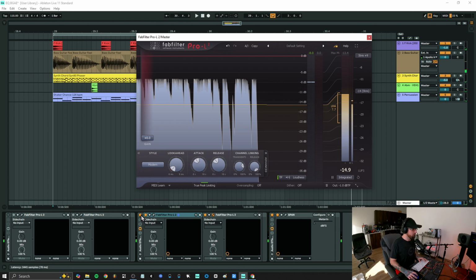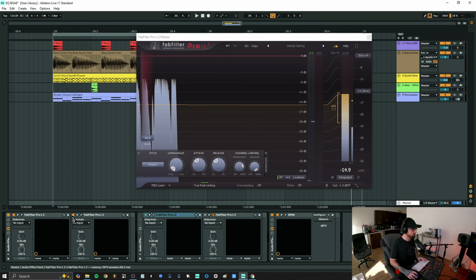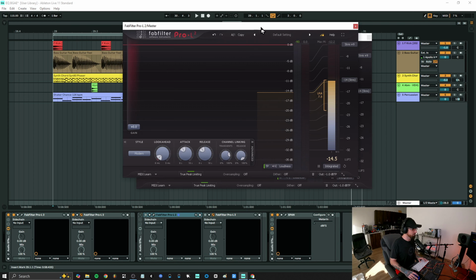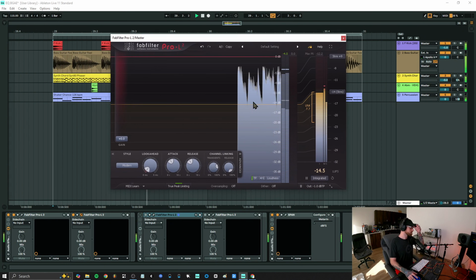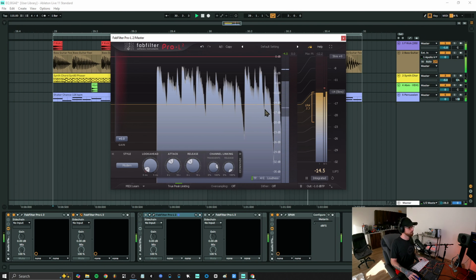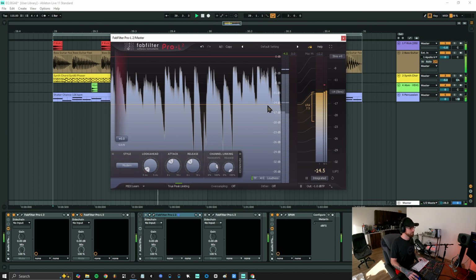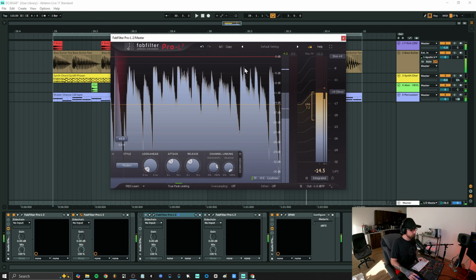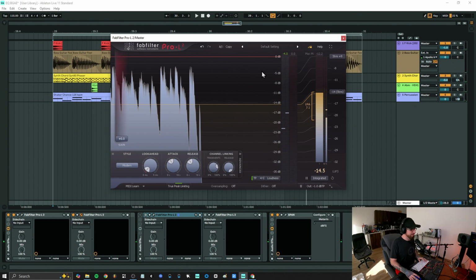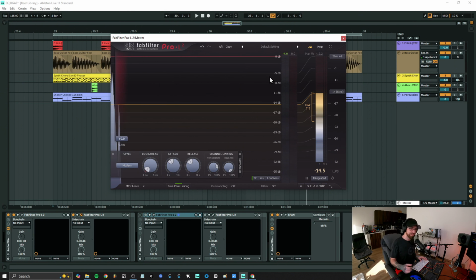Let's go look at our non-limited or our non-squeezed limiter. What does that look like? So you can see here that this track is actually peaking at negative 3 dB.